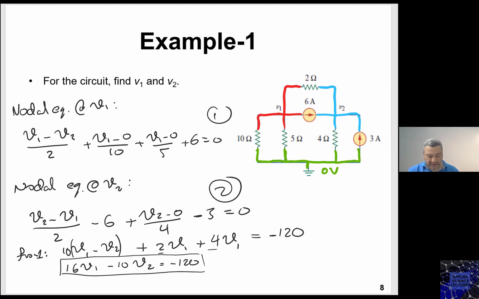Now for the second equation from 2, if I multiply by 4, I get 2(V2 minus V1) minus 24 plus V2 minus 12 equals 0, right?